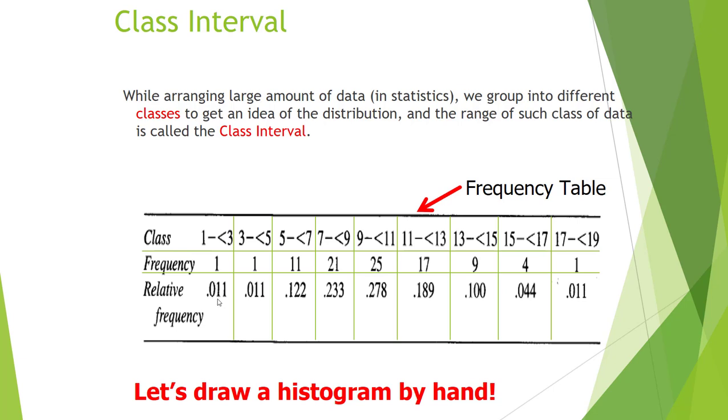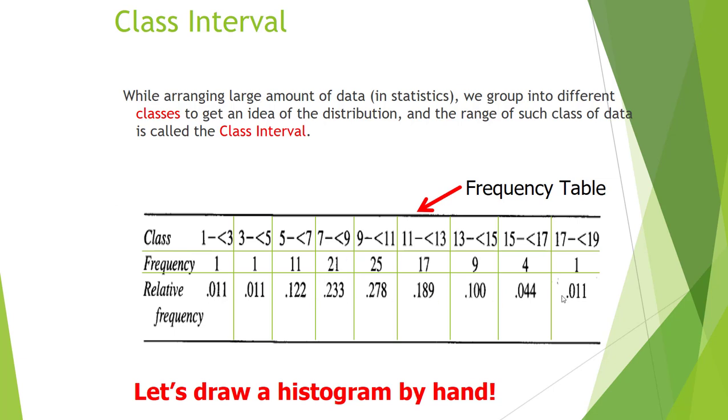You understand this means I can convert 0.011 to 1.1%. Because I used 1 divided by the total number 90, I got this. So this number means I have 1.1% of the homes within this class, or 1.1% of the homes with energy consumption between 1 and 3. The same thing, I have another 1.1% of homes within this interval with energy consumption between 3 and 5.